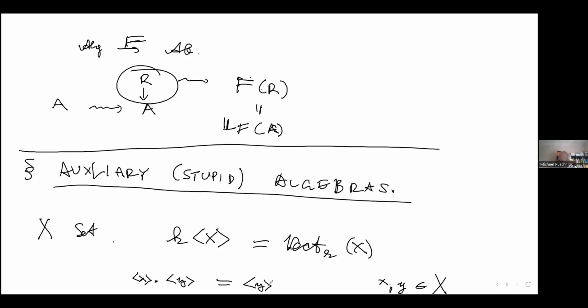And what you observe immediately is that such algebras have many, many morphisms. Namely, it's pretty clear that whenever you have an f from X to Y which is a map of sets, then it follows that the induced linear map from kX to kY is an algebra homomorphism.